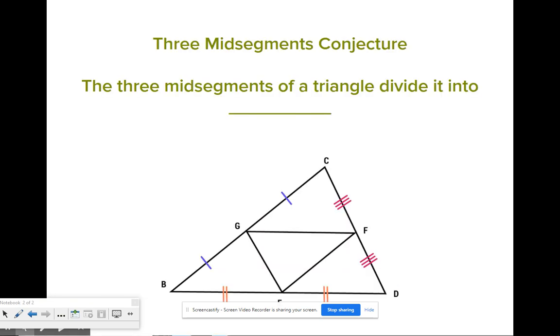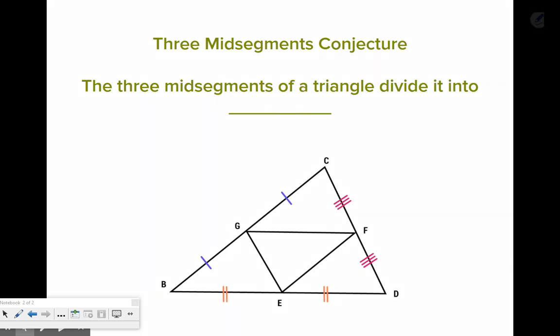Our first conjecture today is the three midsegments conjecture. Like the picture I had drawn, what happens when we have all three midsegments of the triangle? The three midsegments of a triangle divide the triangle into four congruent triangles.